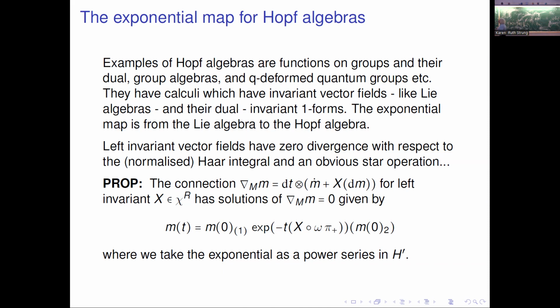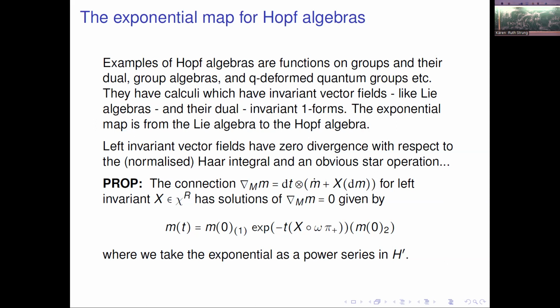We'd take a left invariant vector field and we want to integrate it starting from the identity element to define an exponential map. Okay, well, we take left invariant vector fields, which are dual to left invariant one forms. You do a calculation with the Haar integral, and you find out conveniently that the divergence is actually equal to 0.